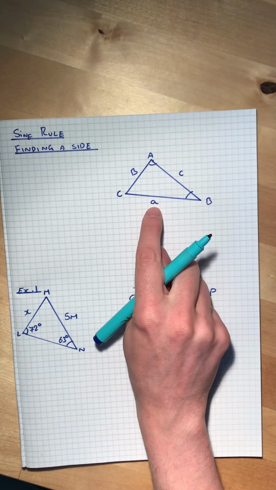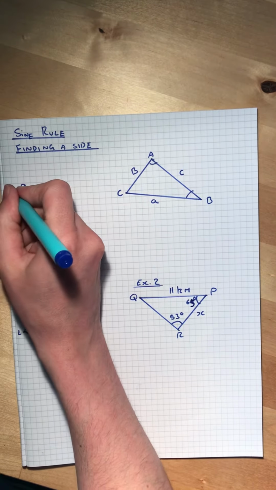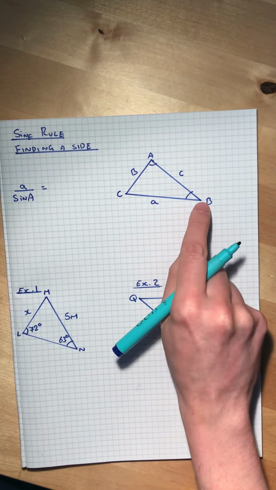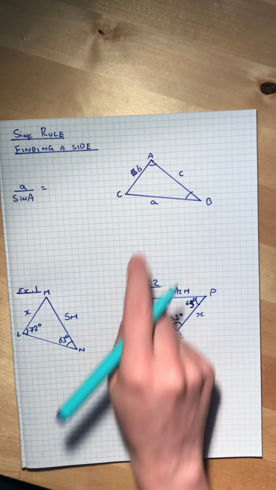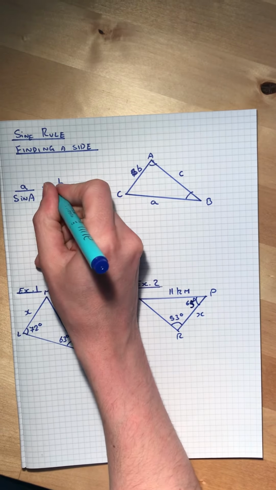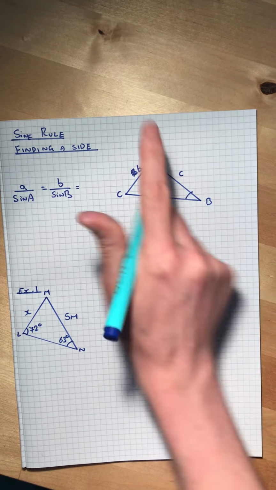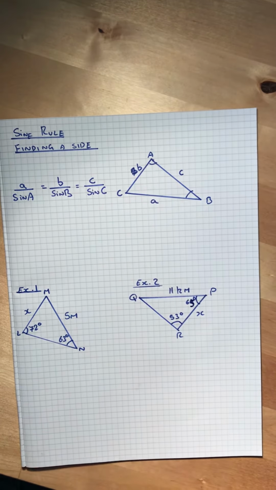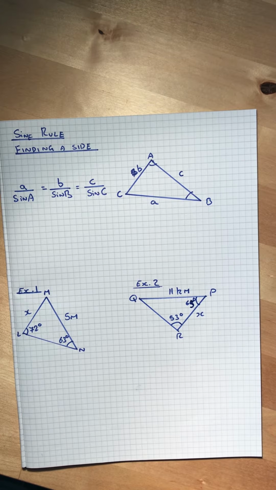If we know this side length a, and divide it by sine A, that's going to be equal to b over sine B, which is equal to the length of side c over sine C.